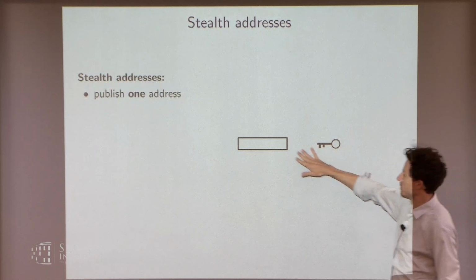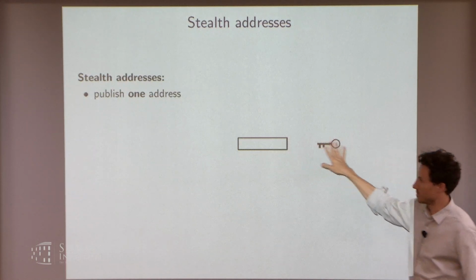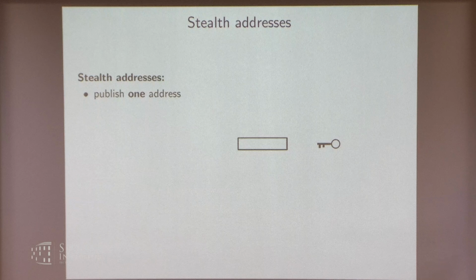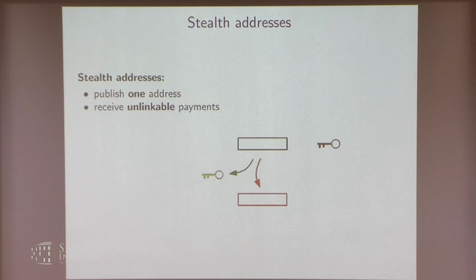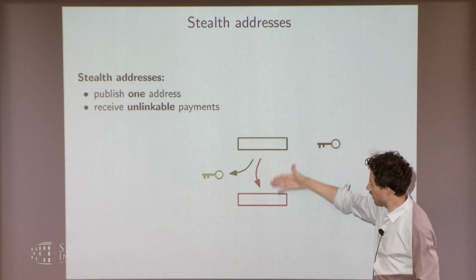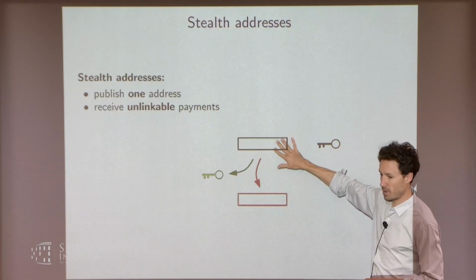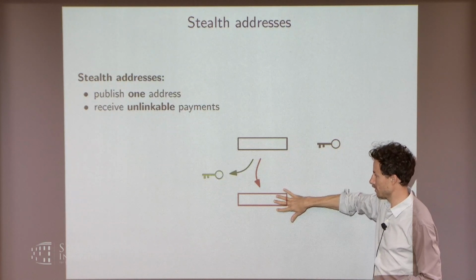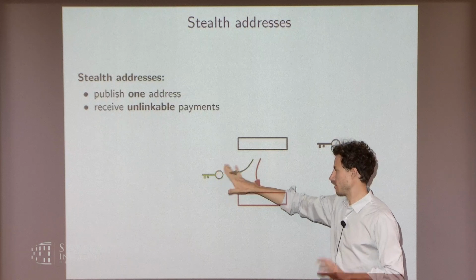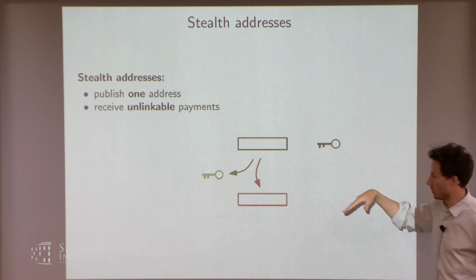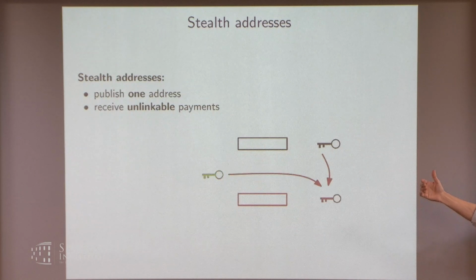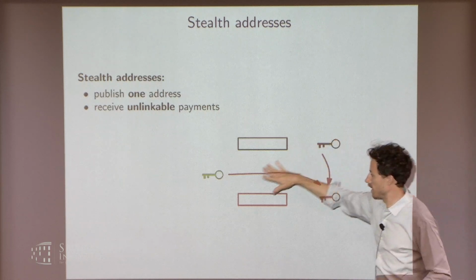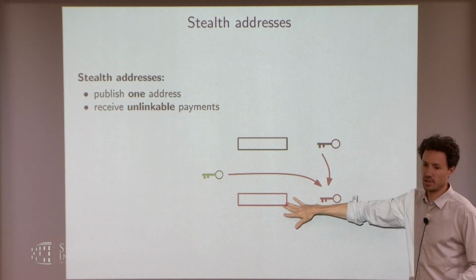So the idea is, let's say this is my address. I know the key for this address. I publish it. And if people want to send me money, what they do is they derive a related address from my address, which looks unrelated, and a transition key that allows me, if I get this key, to derive from my original key and this transition key, this new key for that address.